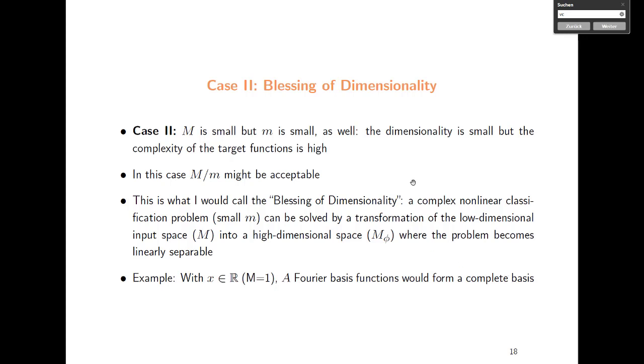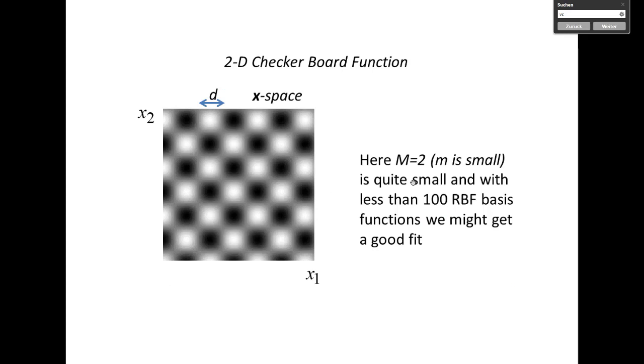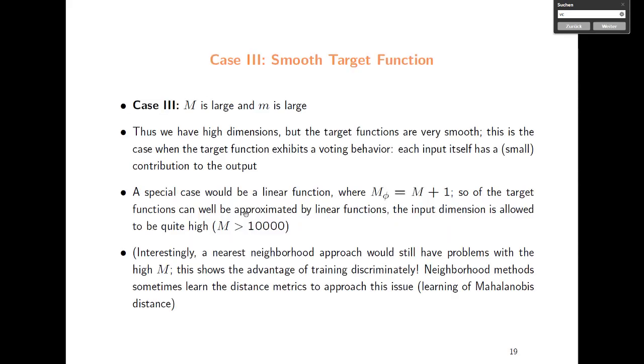So this would be case 2, the blessing of dimensionality. Here we assume we only have these two dimensions, x1 and x2, and it's still a complicated function, but with basis functions we can model that. In the example before, it looks very similar, but we assumed we really had 20 dimensions and we only looked at 2 dimensions, so I could cut through these functions.